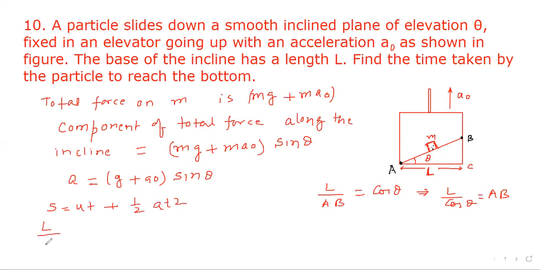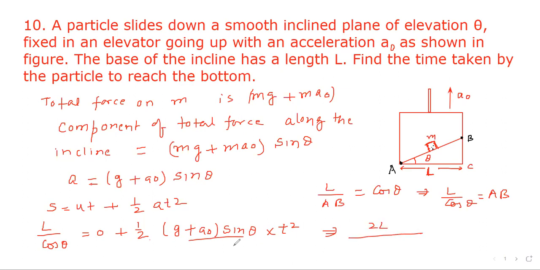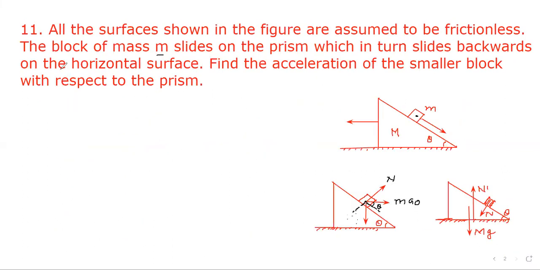S equals L upon cos theta, U is 0, plus 1 by 2 times acceleration (g plus a0) sine theta times T square. So from here, 2 will make it 2L, and this will go in the denominator. So the square root of 2L divided by cos theta sine theta times (g plus a0) equals time. That is our answer. Consider the next question.